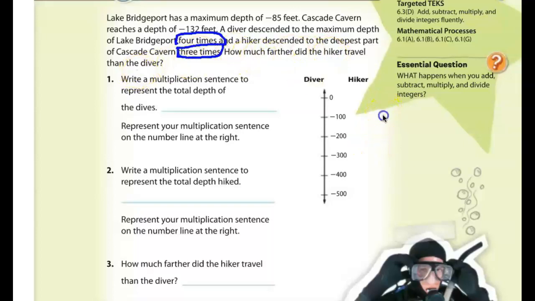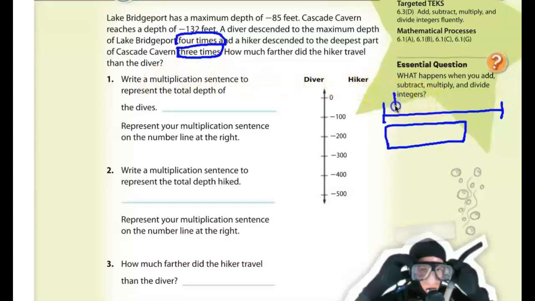Okay, so we have to know that when we solve these problems, it is not always obvious the very first moment that we read it what the answer is. So we have to be able to draw pictures. So we know that there is one that's going to be larger and one that's going to be smaller. It says how much farther did the hiker travel than the diver, so that means the hiker did more.